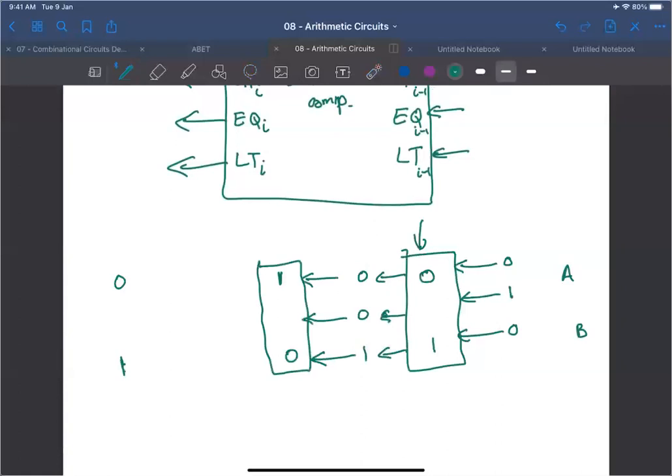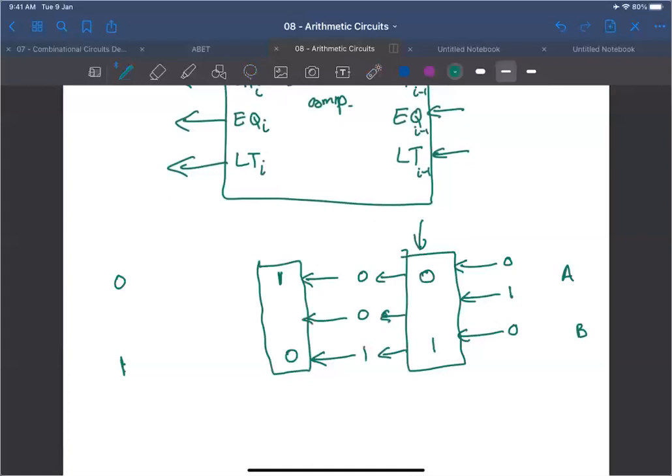So for this position, we started from the least significant bit, and we can conclude that A is greater than B, regardless of whatever the result before.